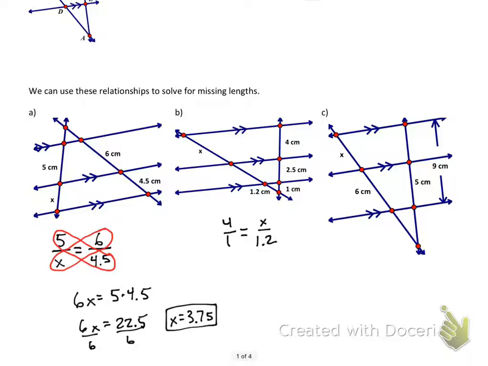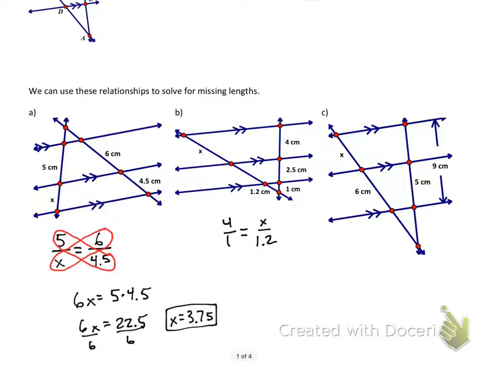All right. And I'm not going to go through all the different ways of setting up proportions. But I do want to point out this 2.5. Can we use that? No. Why can't we use the 2.5? What are we missing? The other side. Yeah, we're missing its corresponding part. If we're going to set up a proportion, we need to have the corresponding measurements.